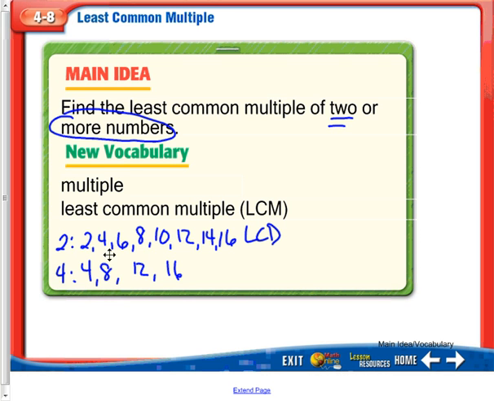And then when we look at this, I notice that my 4s are common, and my 8s are common, and my 12s are common, and my 16s are common. So all these numbers are common multiples, but again, remember, we're looking for the least common multiple, so that would be 4. So the least common multiple, or the LCM, would be 4 for these two numbers.